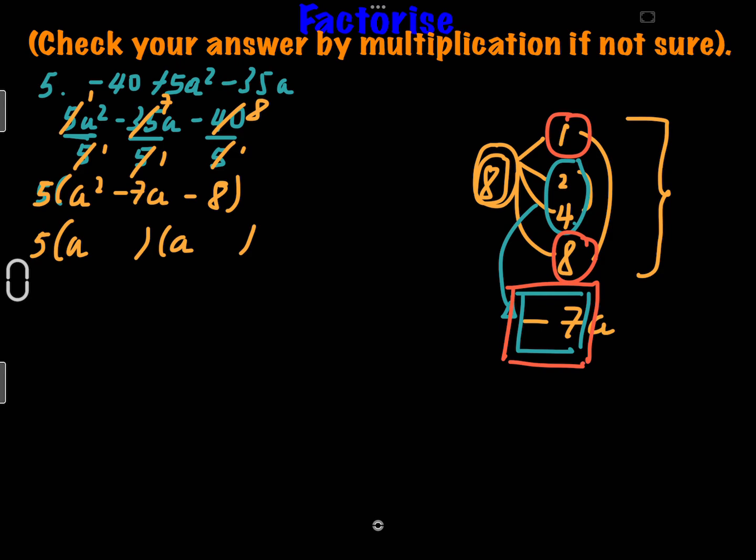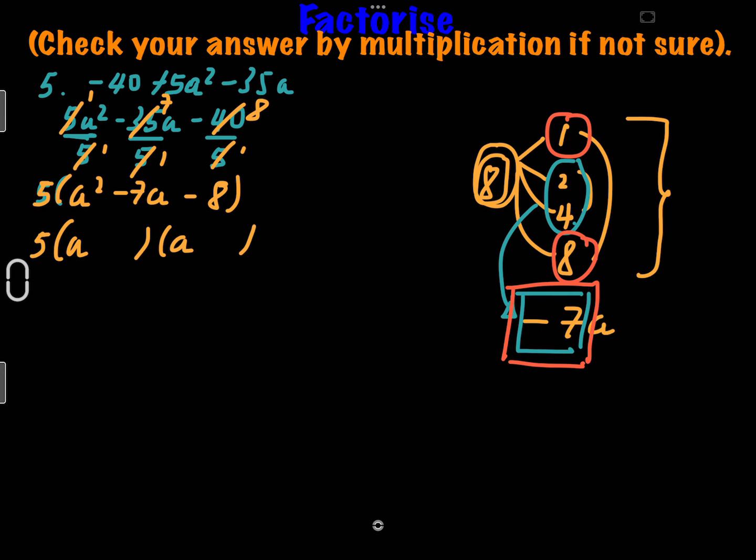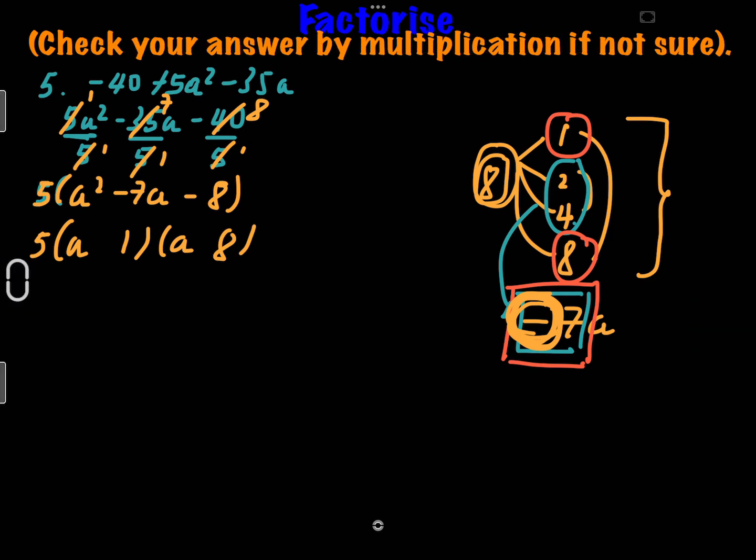Because of that, we can go ahead and write our 2 factors. Those are 1 and 8. Between 1 and 8, 8 is the greater value. So because it's a greater value, we go back to looking at the operation in front of the middle term, which is negative.